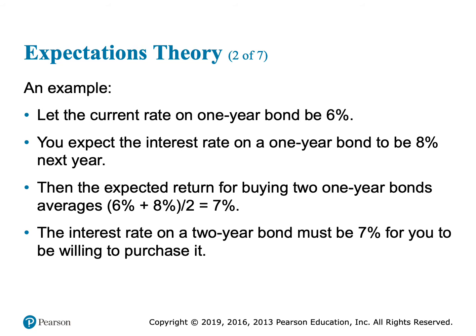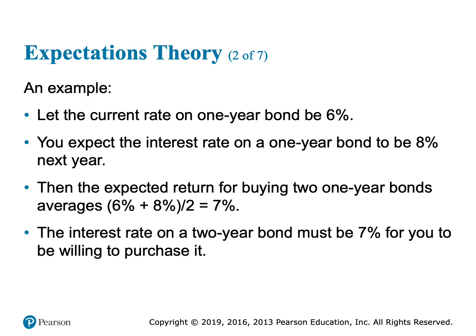Now, if that were not true, say the interest rate on the 2-year bond was 6%, then you would be looking at a market where you could buy 2 1-year bonds and earn an overall 7%, or 1 2-year bond and earn 6%. You wouldn't buy the 2-year bond. Nobody would, right? And so prices in that market would be falling, and as prices in the 2-year bond market declined, the interest rate would increase on 2-year bond markets until people were willing to buy them.